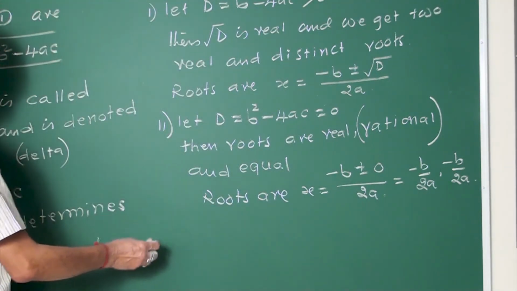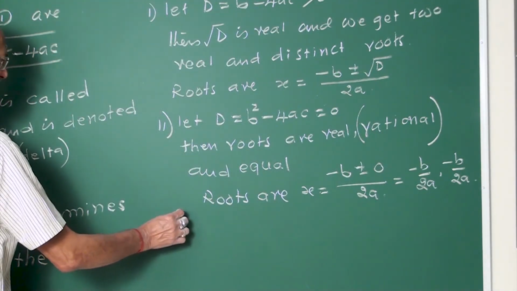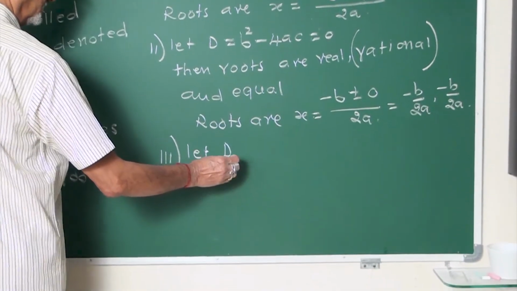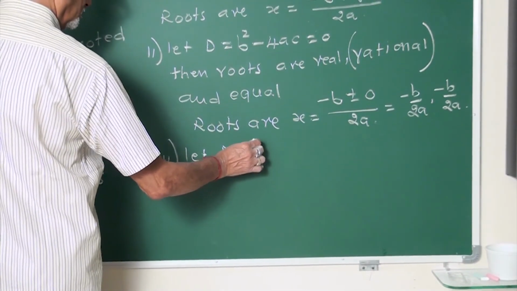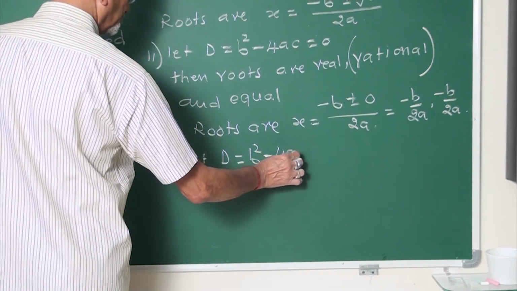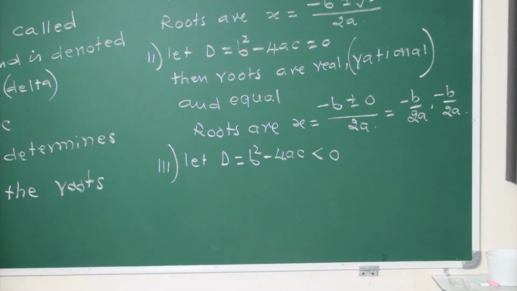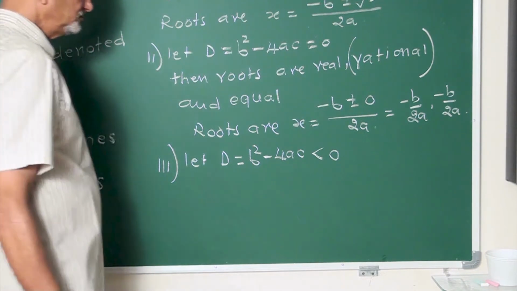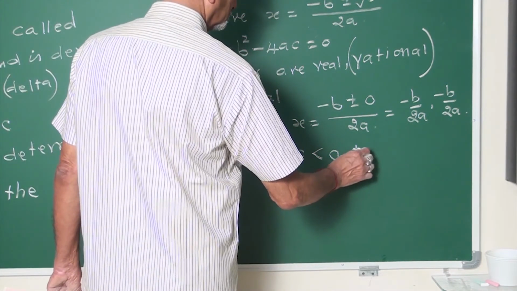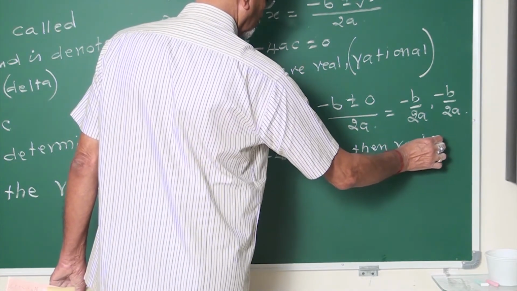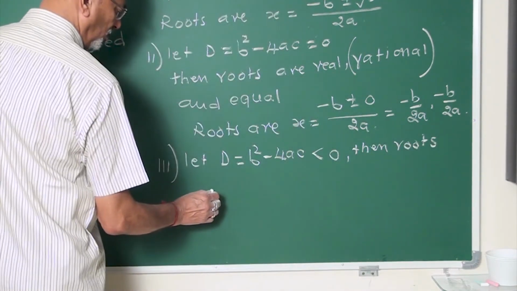This is the second case. Third case: let d equal to b square minus 4ac be negative. Then the roots are not real.